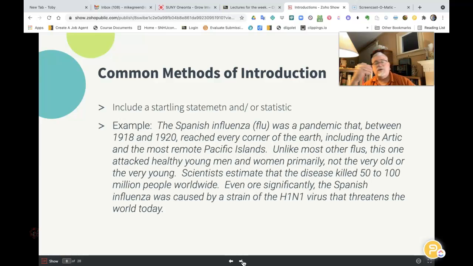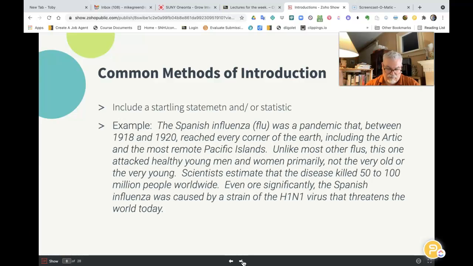So here's a good one that was out there, and believe it or not, I actually included this before the pandemic occurred. The Spanish influenza was a pandemic that occurred between 1918 and 1920, reaching every corner of the earth, including the Arctic and the most remote Pacific islands.